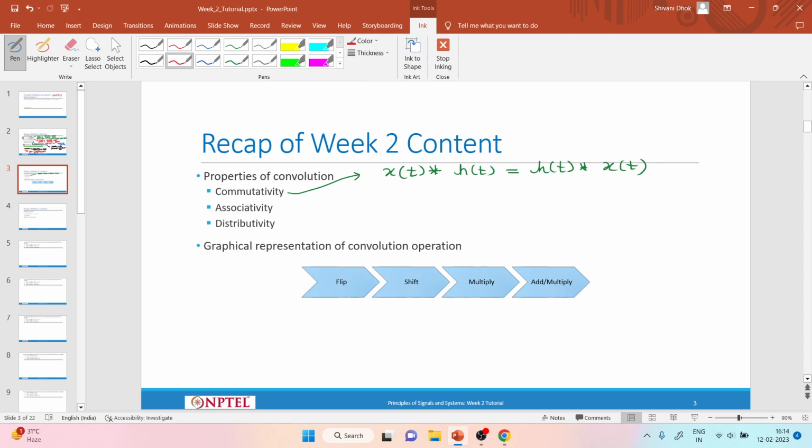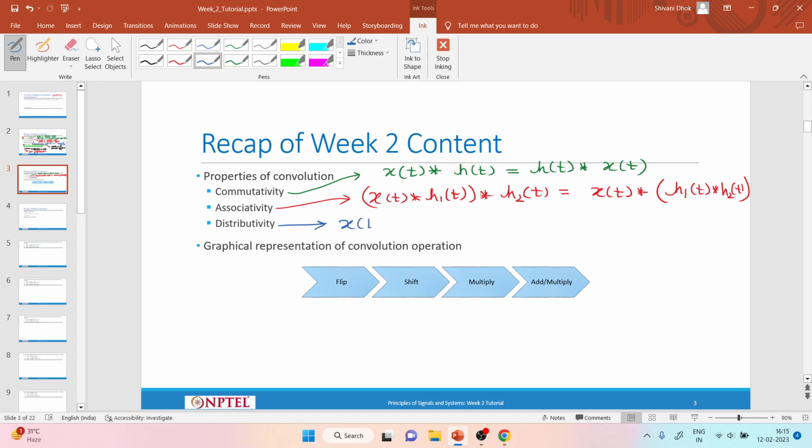The next property that was taken was the associativity property. It said that if I convolve x of t with h1 of t, and this is then convolved with some second system, h2 of t, then this will be exactly equal to x of t being convolved with the convolution of h1 of t and h2 of t. So this is the associativity property, and the next property that was considered was the distributive property.